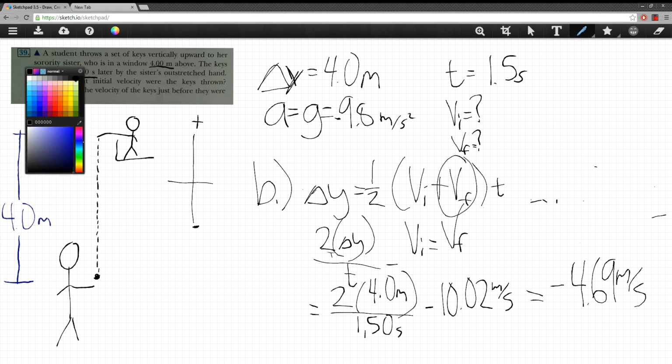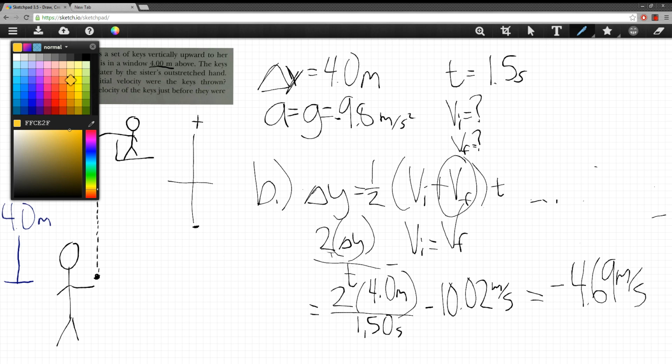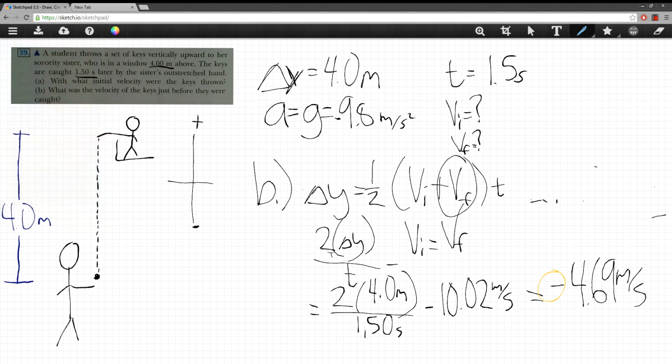And this negative in front indicates direction, since velocity is a vector quantity. So the magnitude is 4.69 meters per second, and the direction, since it's negative, means that the final velocity will be pointing down. And that's it.